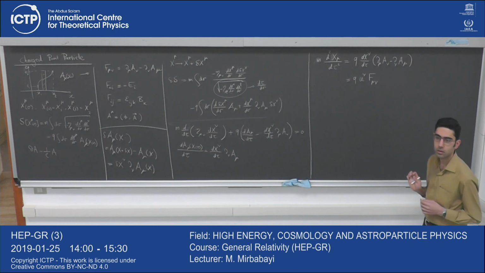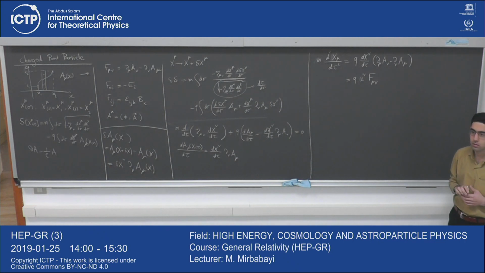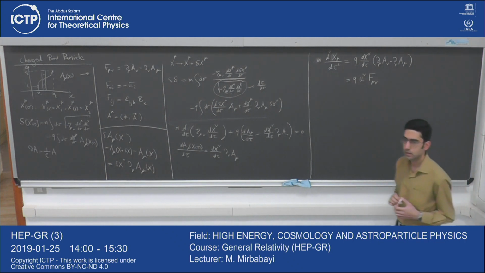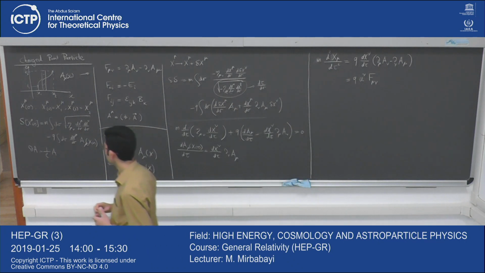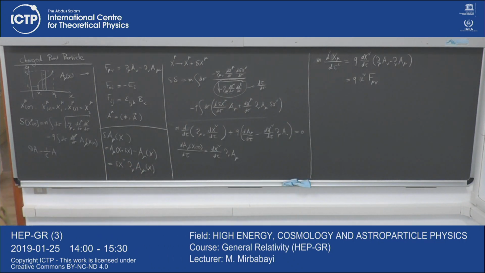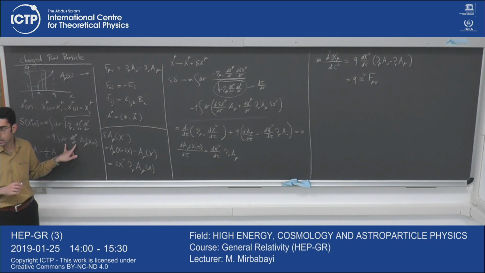Any questions about the derivation? Yes. In writing the action, we put dx mu, d sigma, but we didn't put, for example, just x mu. Is there a reason why we put it here?